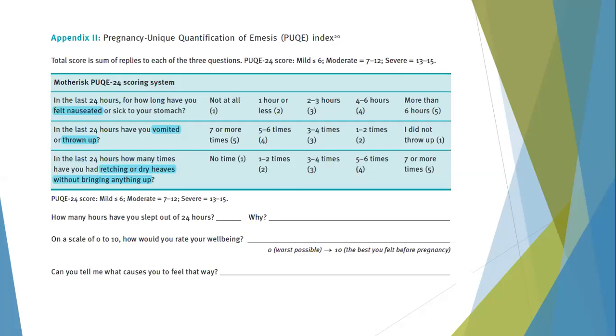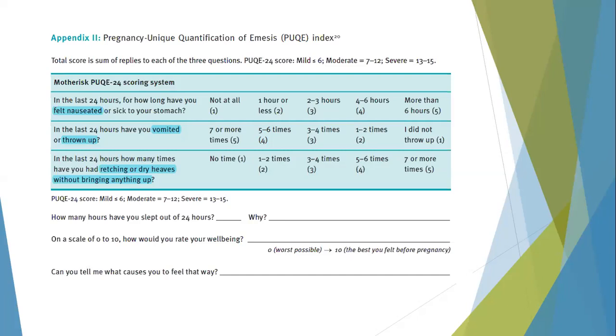The other question: in the last 24 hours, have you vomited or thrown up? If she said no, I didn't throw up, this is 1. 1 or 2 times, this is 2. 3 to 4, this is 3. 5 to 6, it is 4. And 7 or more, it is 5.